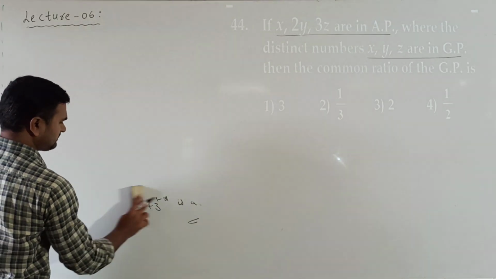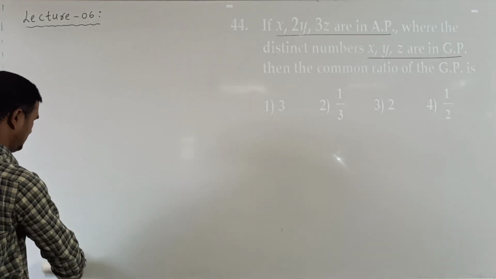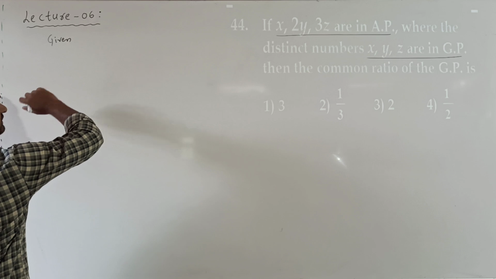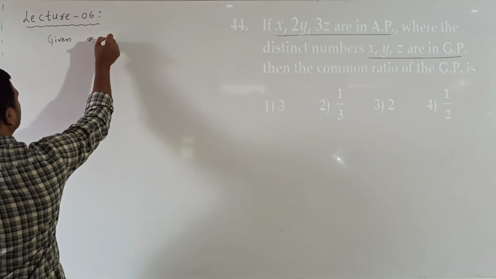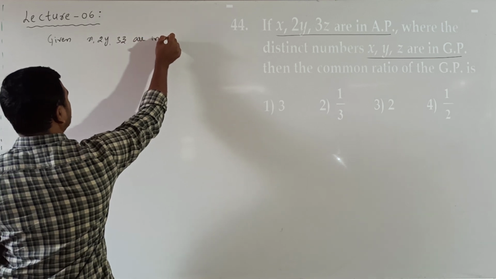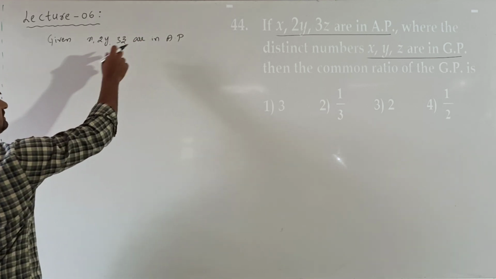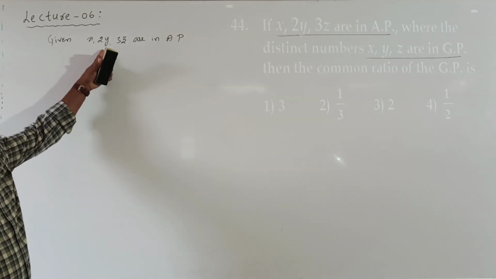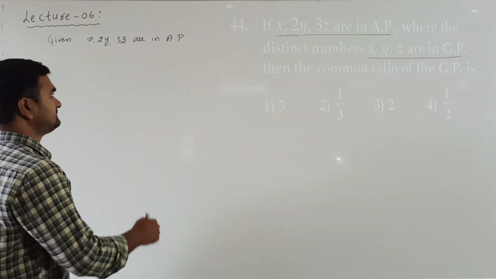Okay. So let us form a relation between x, y, z so that we can find the common ratio of the geometric progression. So given x, 2y, 3z, these are in AP. So when a, b, c are in AP, we get 2b equal to a plus c.